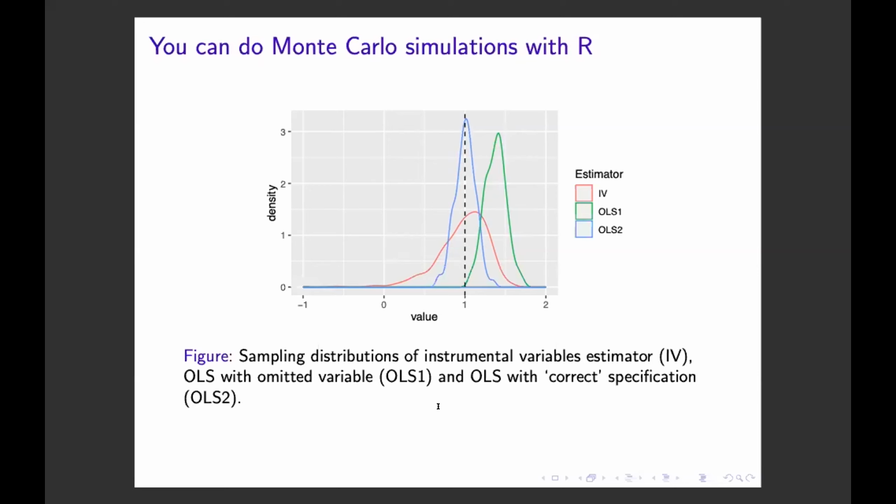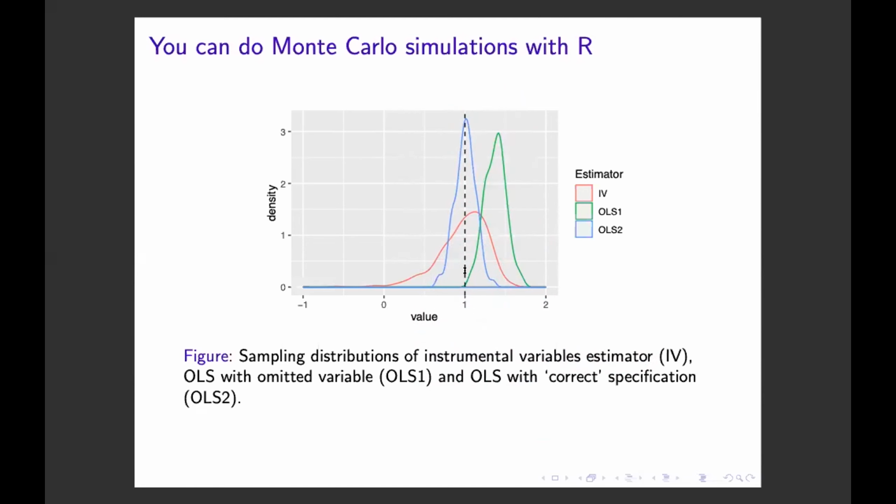In this Monte Carlo simulation, we have a variable which is potentially omitted. You want the effect of x1 on y, but there's an x2 which causes both of them. If x2 is not observed and you use OLS, then you get this sampling distribution. You can see it's biased.